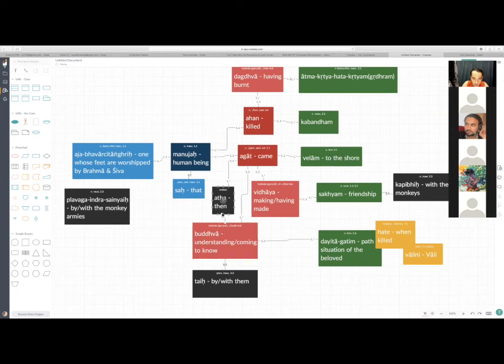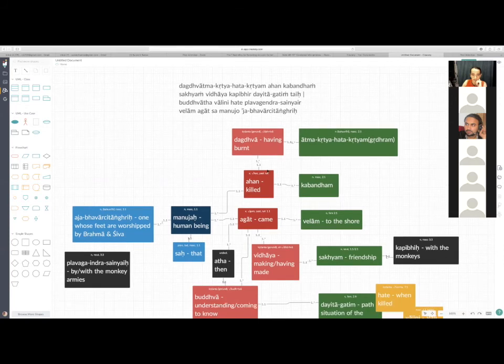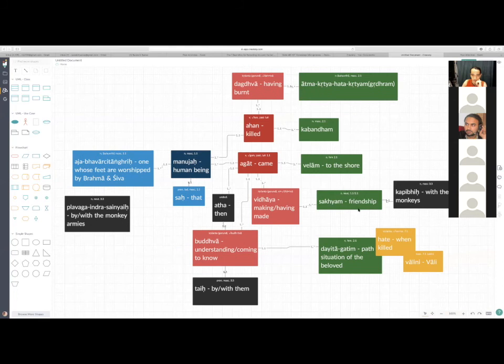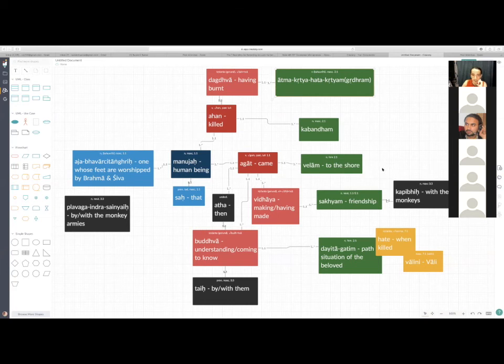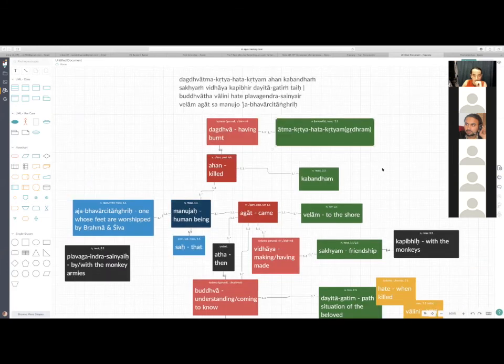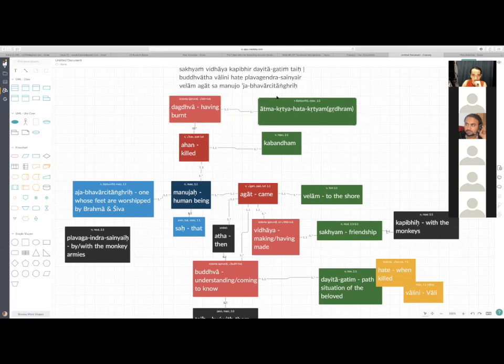And Valini hate. Now, buddhva, Valini hate. So when Vali was killed, what happened? Where do we connect Valini hate? Agat, yeah, I think to agat. So we'll just move this a bit to the side.